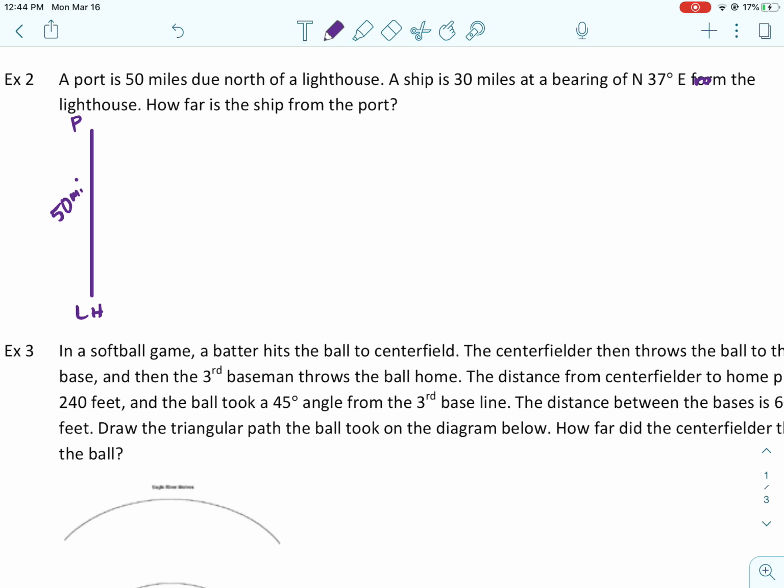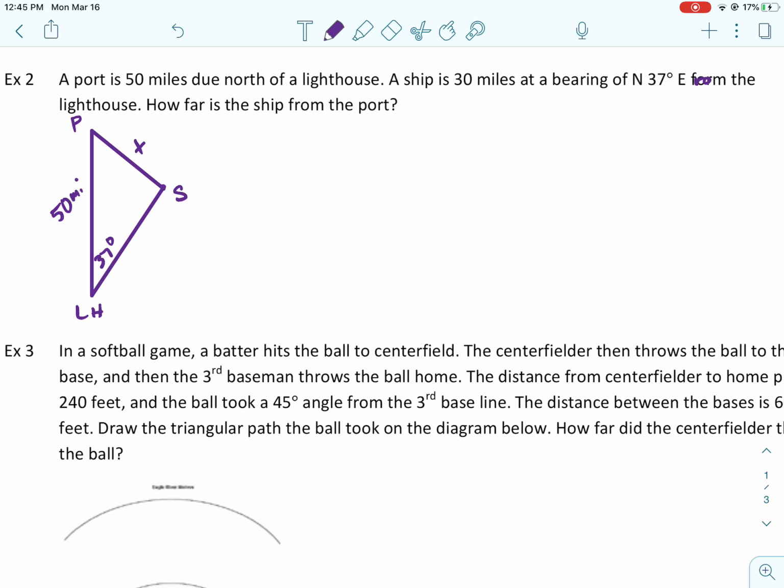All right, a ship is 30 miles at a bearing of north 37 degrees east from the lighthouse. So we're going to make that rotation from the lighthouse. So like this. So from the north, we're going to rotate 37 degrees towards the east. So I'm going to say that looks about right. And that's going to be where our ship is.